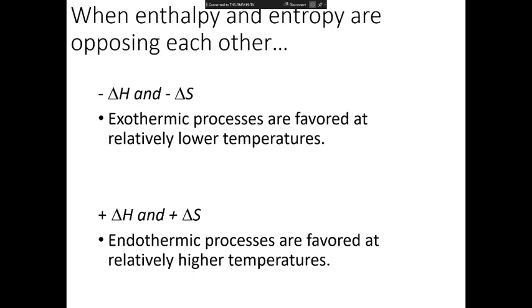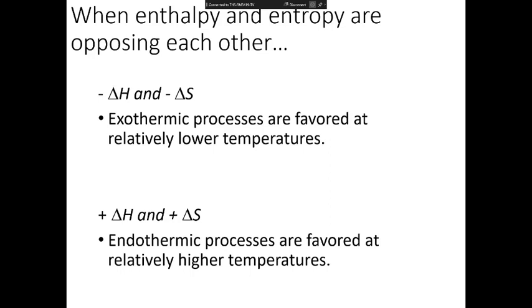So here it is. This is perfect timing. When enthalpy and entropy are opposing each other, for instance when you have negative signs, if a reaction is exothermic, that's a good thing for a reaction. Exothermic reactions are likely to happen because they spread out energy.